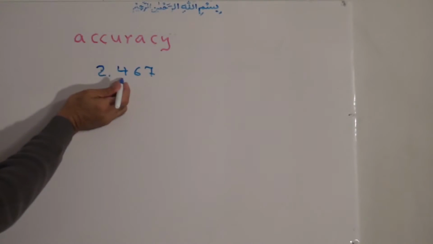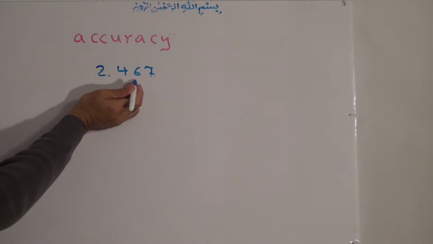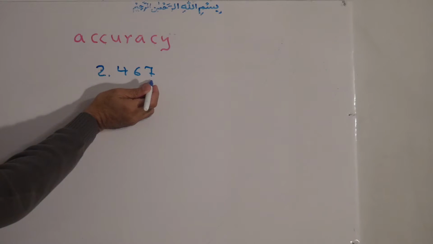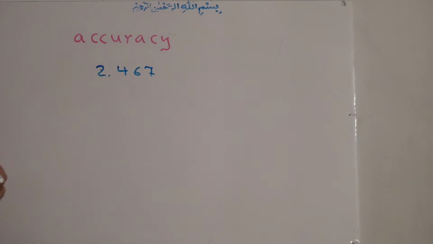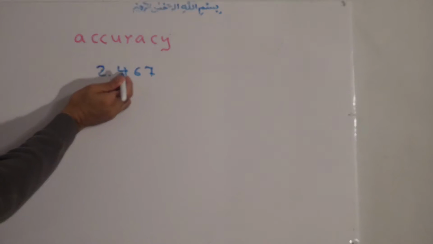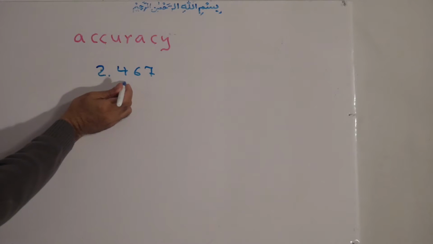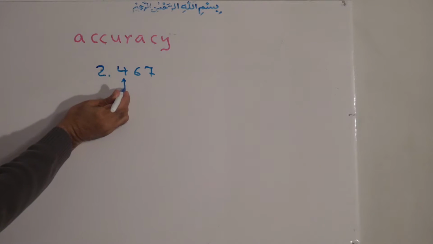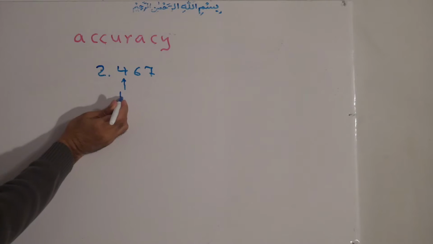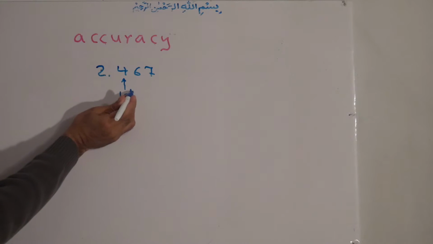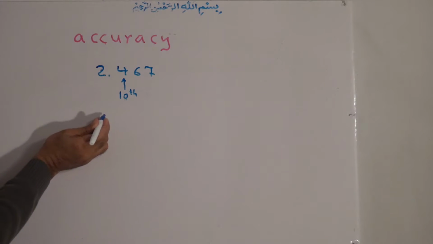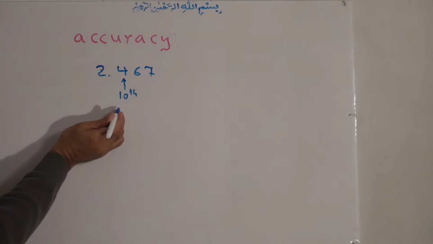The accuracy means the first digit, the 10th digit, the 100th digit and the 1000th digit. If you have one decimal place, the accuracy of this is tenths, or 1/10, or 1 digit.